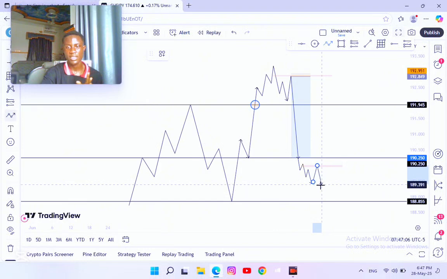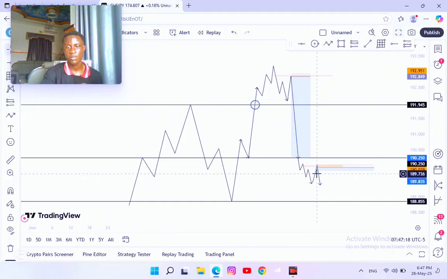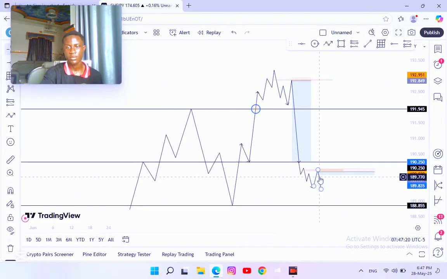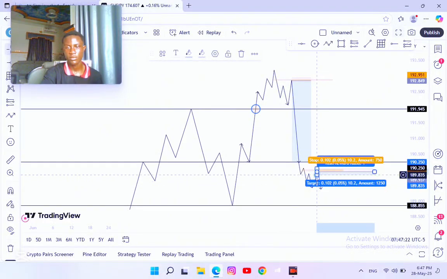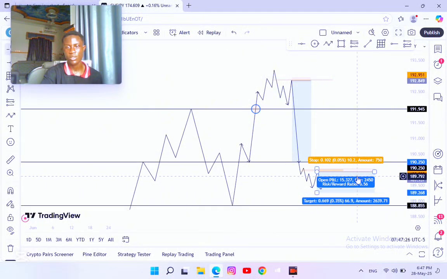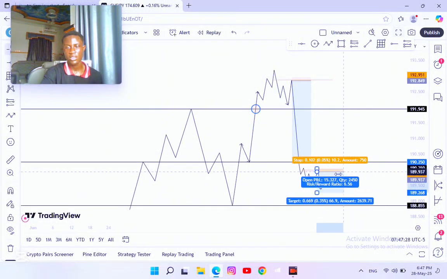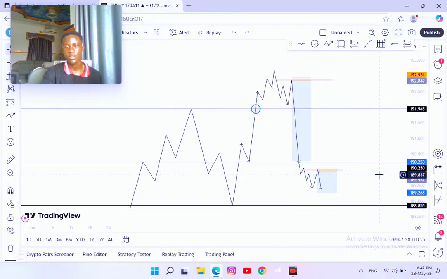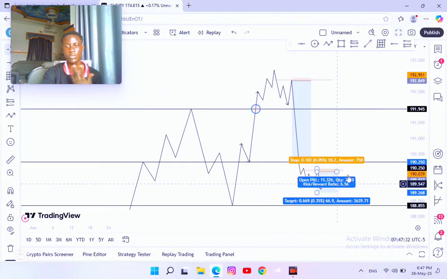I'm going to be targeting this low right here, which means if I enter the trade, I'm going to be closing the trade at this place. Alright, so that's simply when I'll be closing the trade.